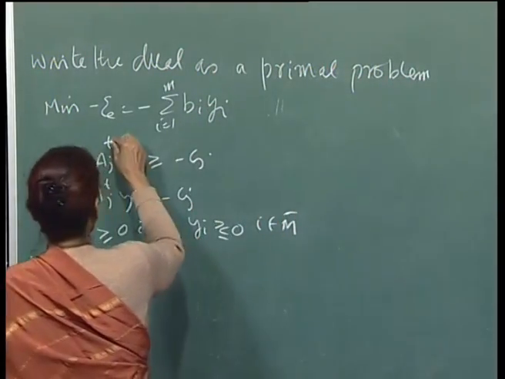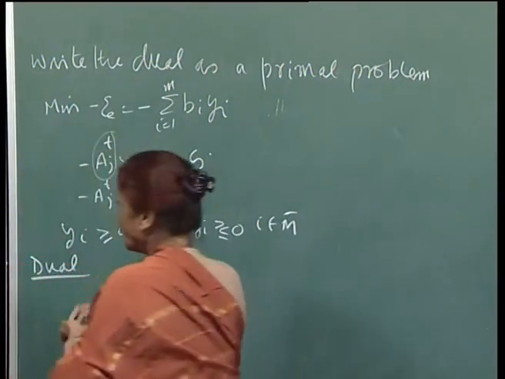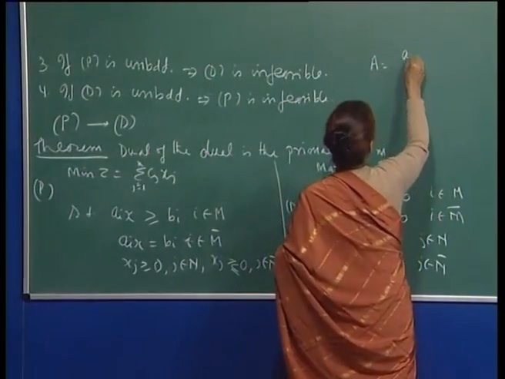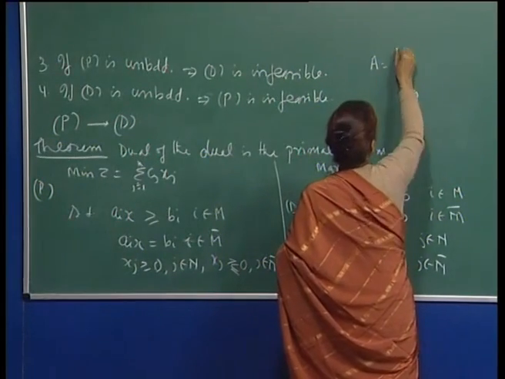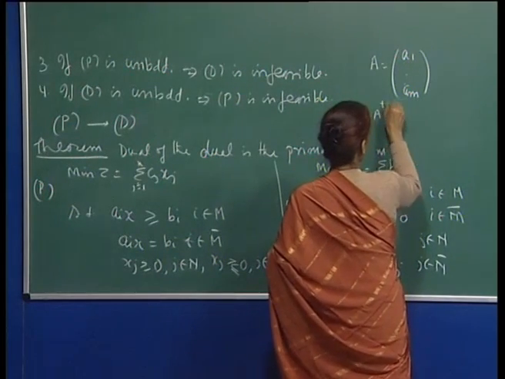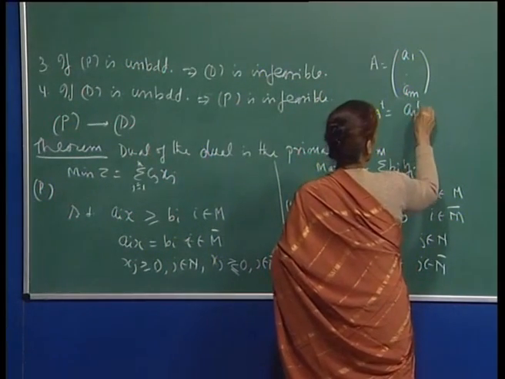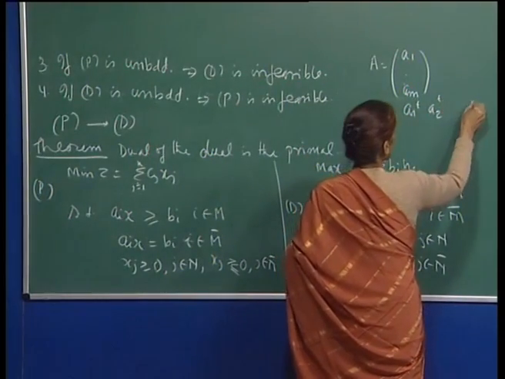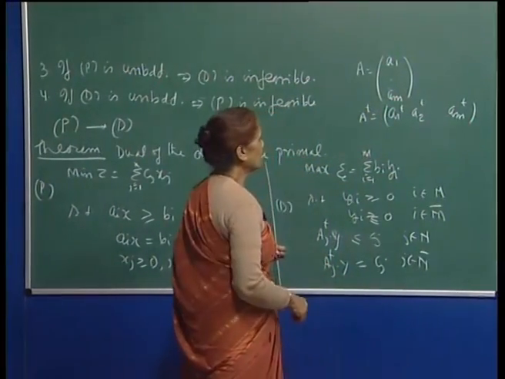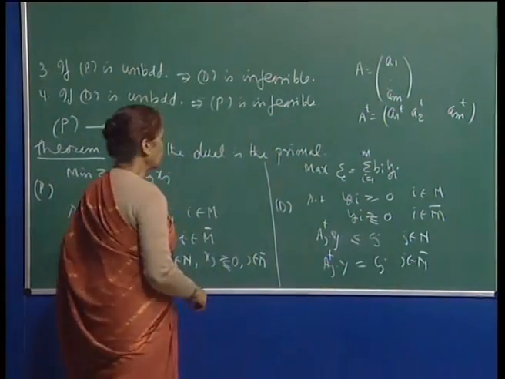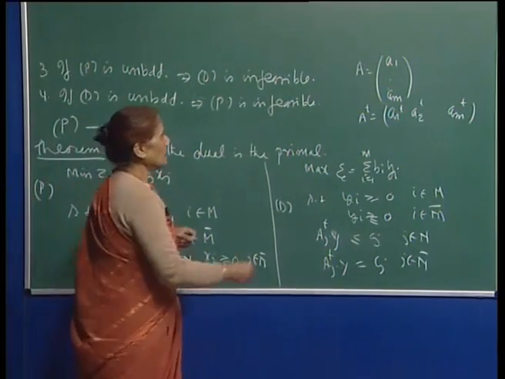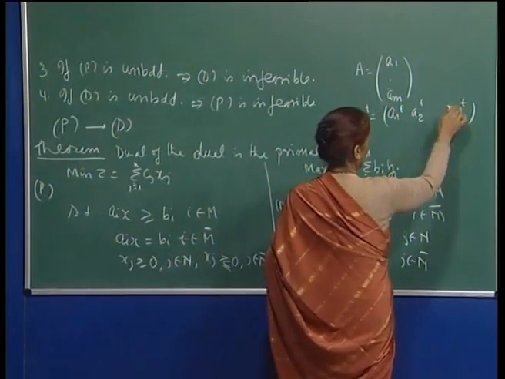So, that means this is actually the row of the transpose. If I write the matrix A as A_1 to A_m, then A transpose would be A_1 transpose, A_2 transpose. See, these rows will become the columns, right, and here now I need the row because a_i x greater than or equal to b_i.